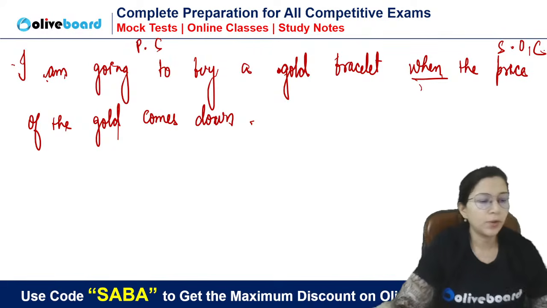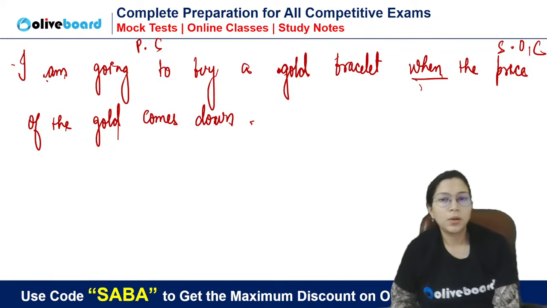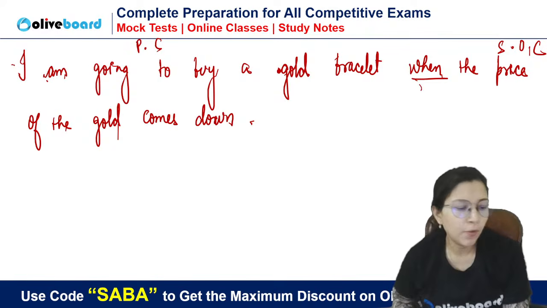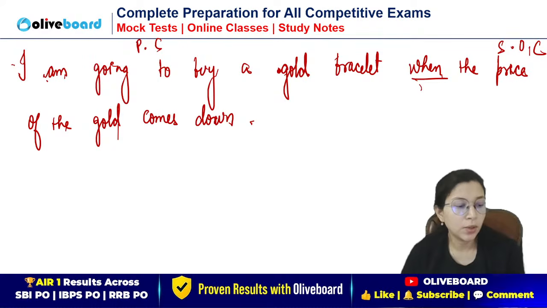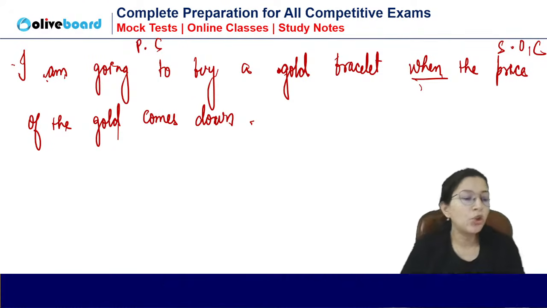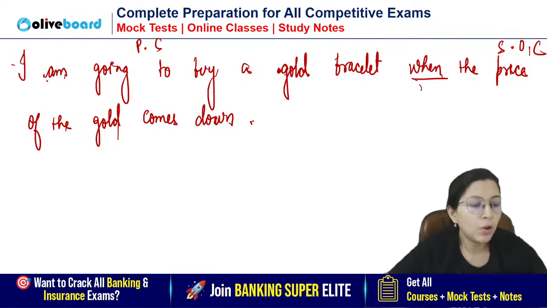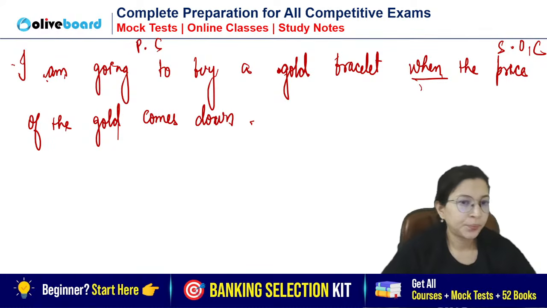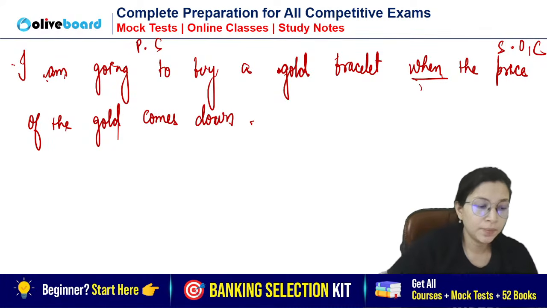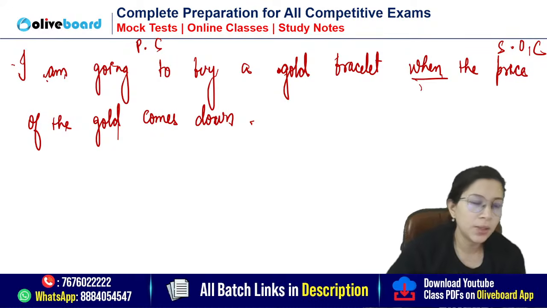Very good. After when is subordinate, before when is principal, correct. Now, what is wrong here? The principal clause should be in which tense? Future indefinite, right? The principal clause should be in future indefinite tense.